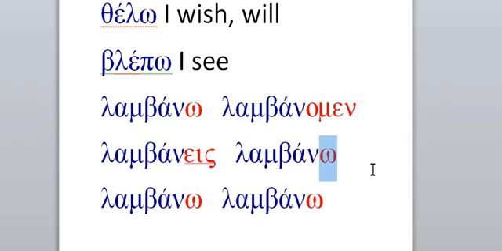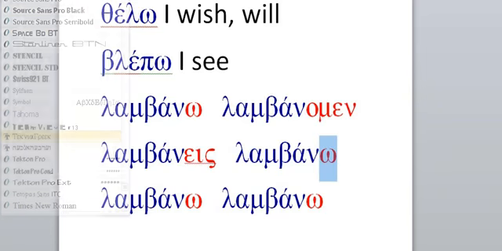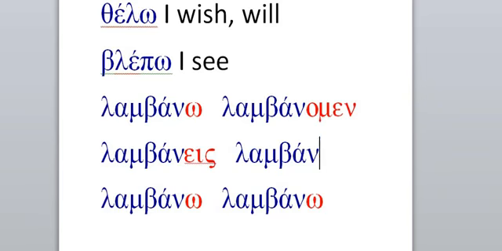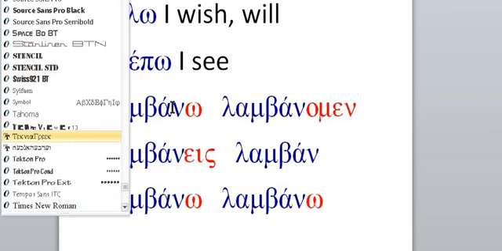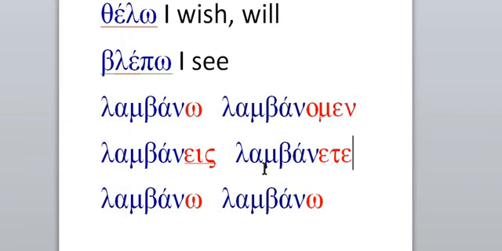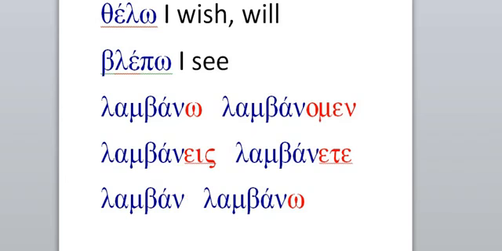What should be here? Anybody remember? Ete, right? Lambanete, you plural take. So remember, this is es and this is ei, a. That way you can remember es, ete, ei. Lambanei means he or she or it takes.